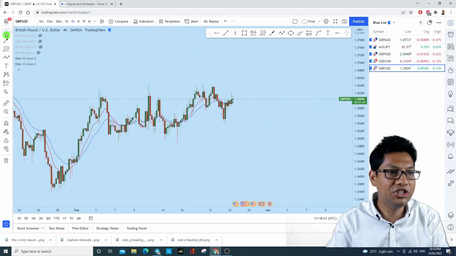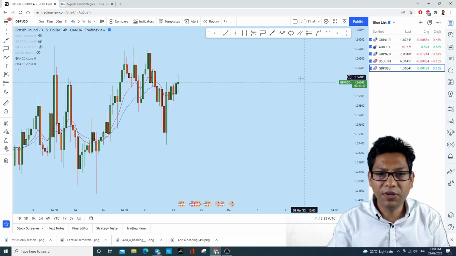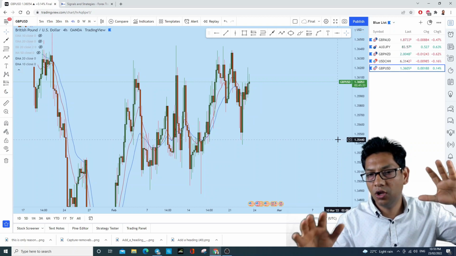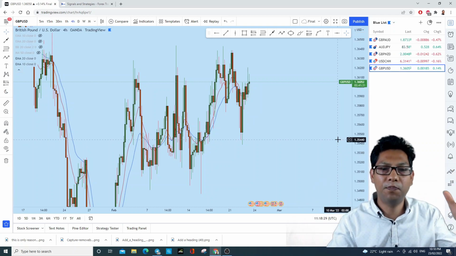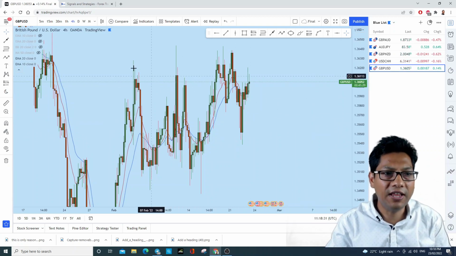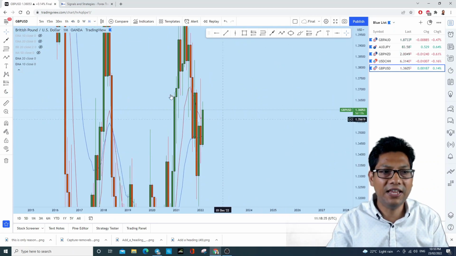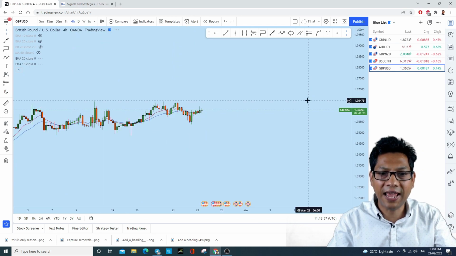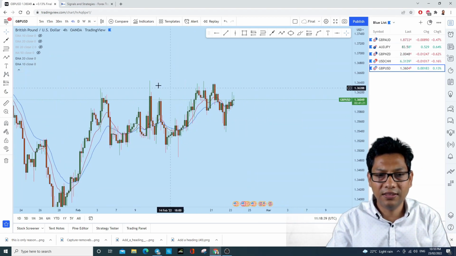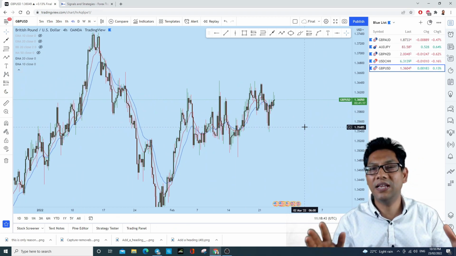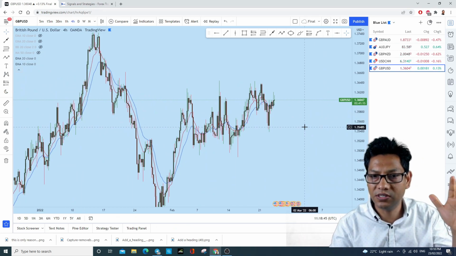Now let's see GBP USD. GBP USD is basically sideways. It's not fully developed price action, so I will not be trading this one, to be honest. As you can see, this is a very clumsy price action. This is sideways movement, and you always have to stay away from this market.